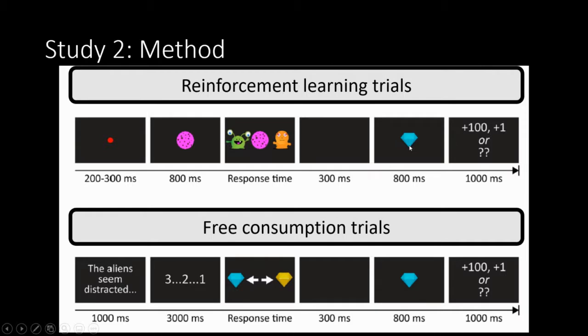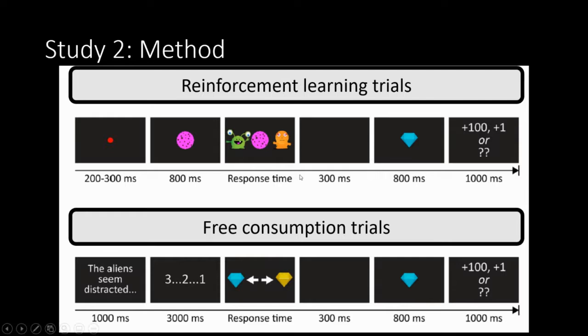There were two diamonds, the high value diamond and the low value diamond. And these question marks here are because during the devaluation, we didn't inform trial by trial about the value of the diamonds, trying to simulate the extinction situation that is used in animals.